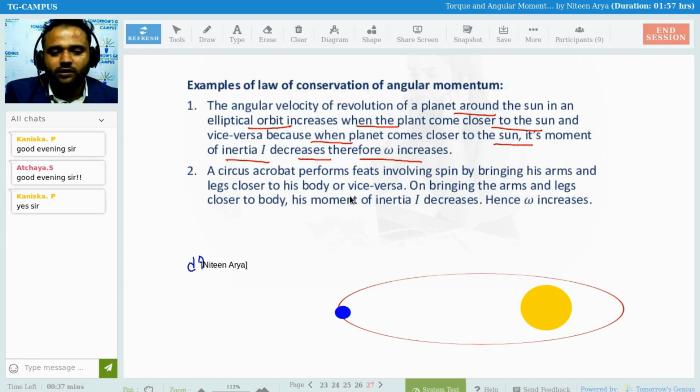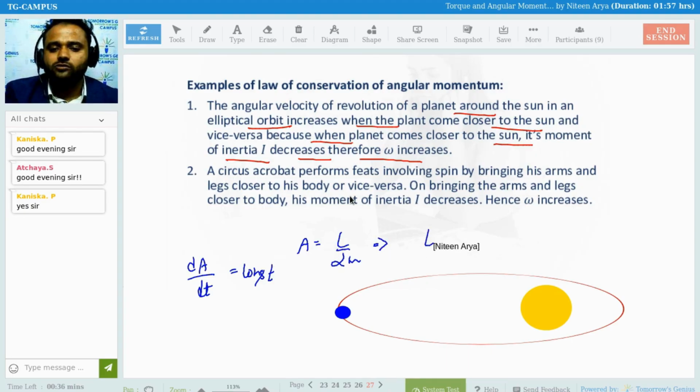Areal velocity dA by dt, that is the second Kepler law, is constant, and that is L by 2m. Areal velocity is going to be constant, and it can be represented by L by 2m, so that is going to be constant.